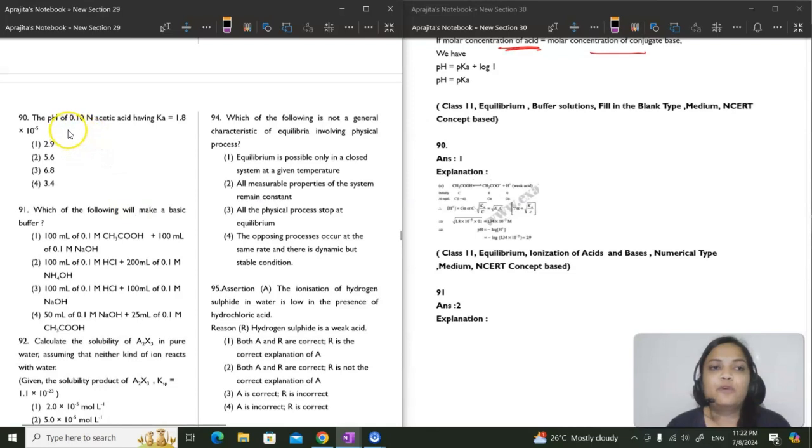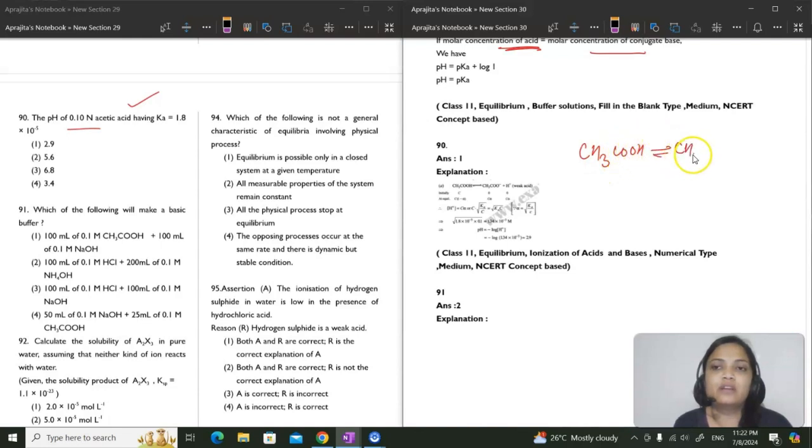Question number 90. The pH of 0.1 normal acetic acid having the Ka value given. Acetic acid is a weak acid, and it will ionize like this. Initially the concentration is C, 0, 0, and at equilibrium C into 1 minus alpha, C alpha and C alpha.